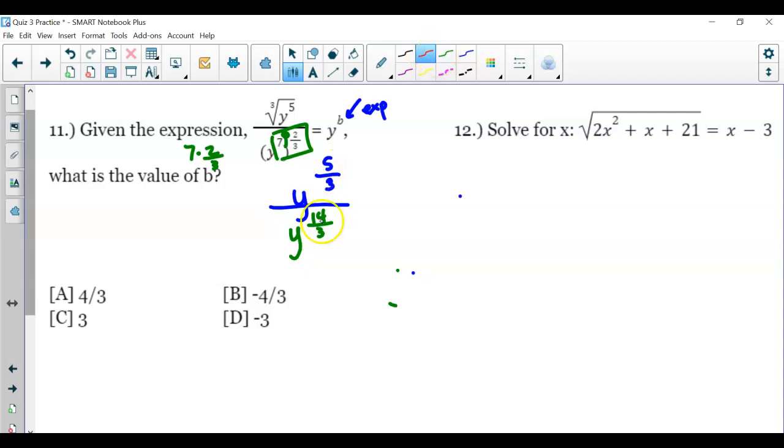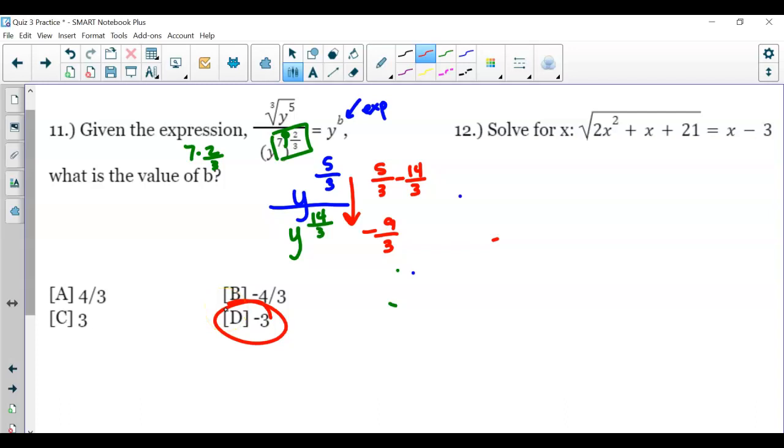Now that I've got my two rational exponents here, and the same base, we can subtract the exponents. Again, remember, top to bottom. So this is 5 thirds minus 14 thirds, which is negative 9 thirds, which can be simplified to making our new exponent negative 3.